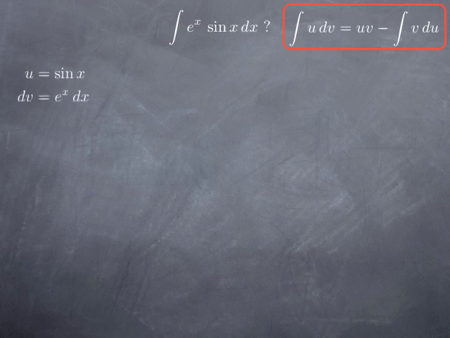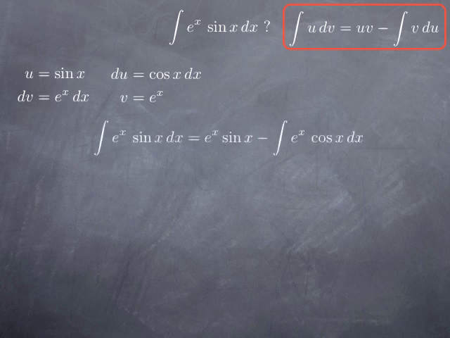Let's take sine x for u and e to the x dx for dv. Then du is cosine x dx, and v is an antiderivative of e to the x, so just e to the x. We apply our formula, and our integral rewrites as uv, that's e to the x sine x, minus the integral of v du, that's the integral of e to the x cosine x.